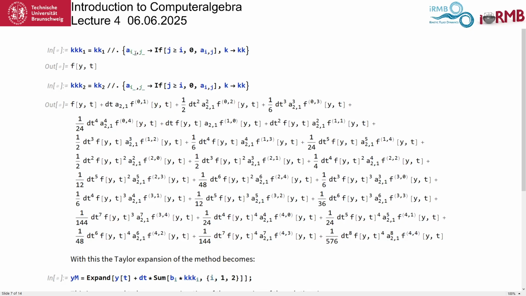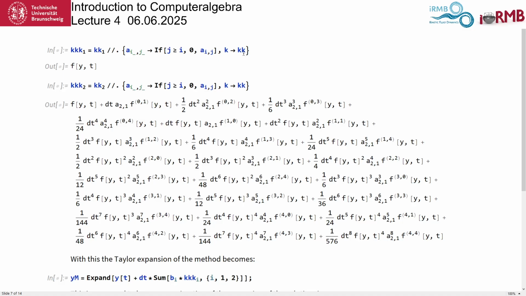A index i and j: if the index j is larger or equal to i, then it's 0, otherwise it remains Aij, and I'm repeating this until we are done. In addition I will replace K by KK.